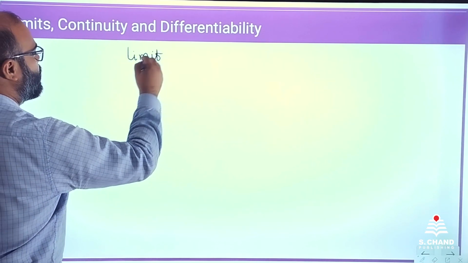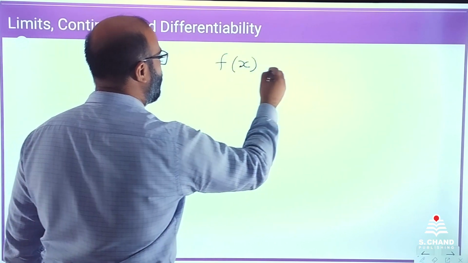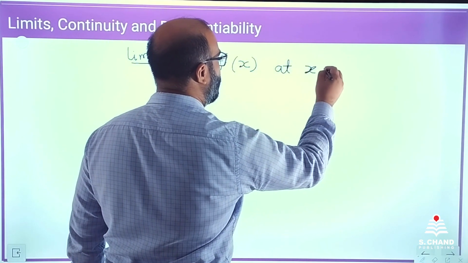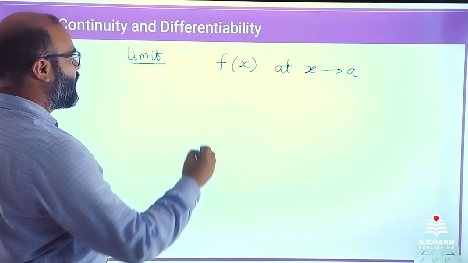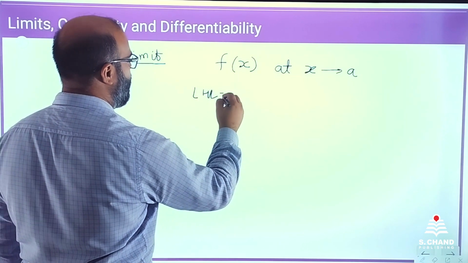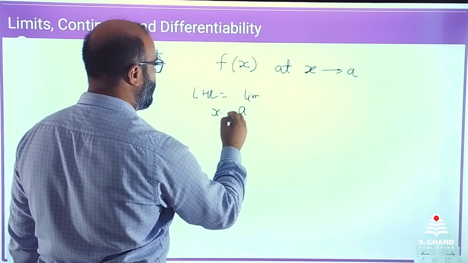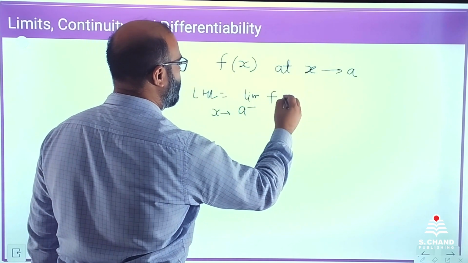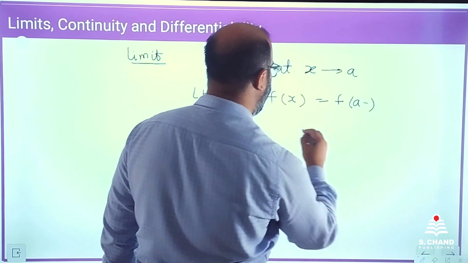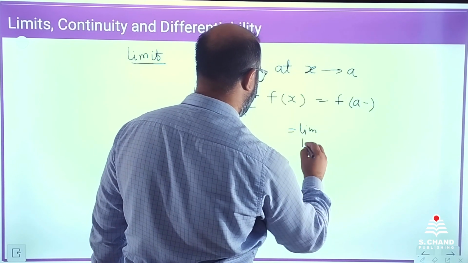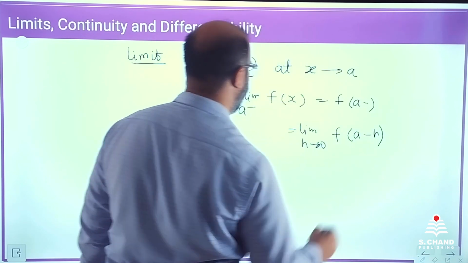What is a limit? This is a value of a function at x approaching a. Then we say that the left hand limit is when we approach a from the left of a. That is, limit x tending towards a minus f(x), which we can also say as f of a minus, or limit h tending towards 0 of f of a minus h.